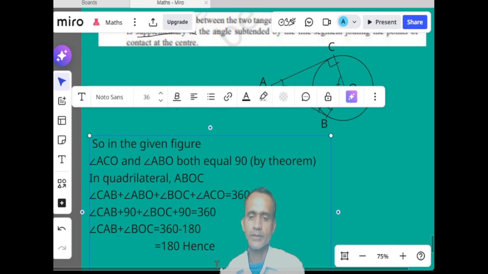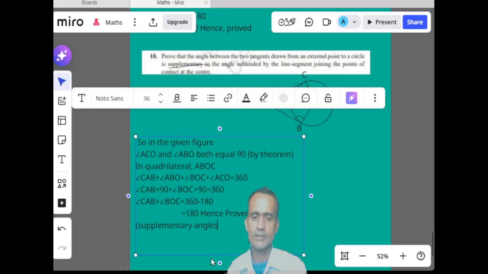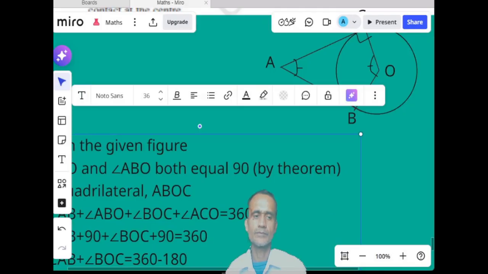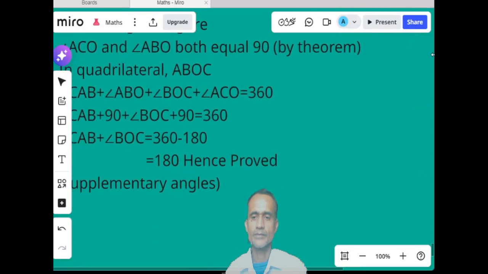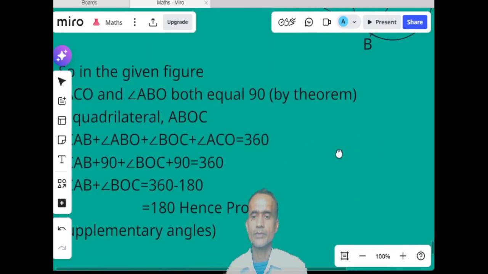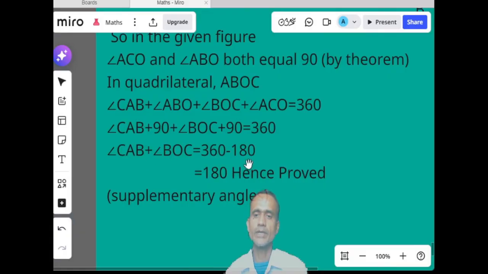Hence, proved. Because the sum of the angles is 180 degrees, these two angles are supplementary angles.